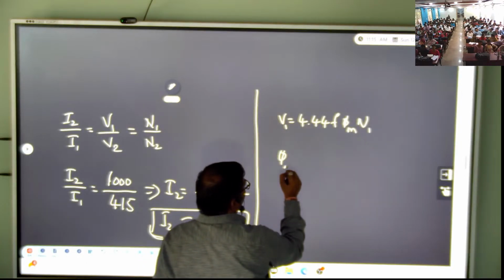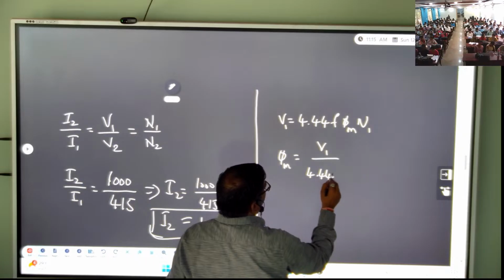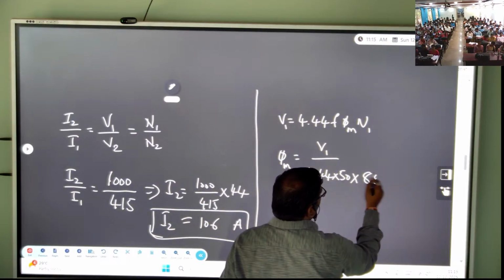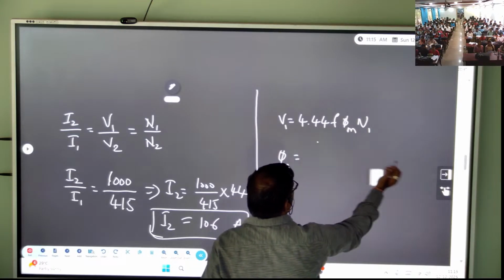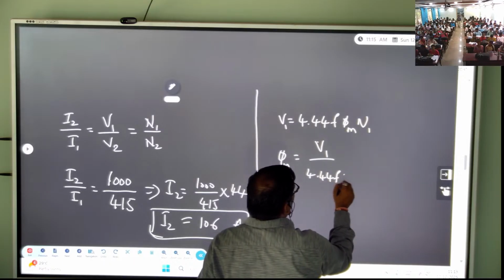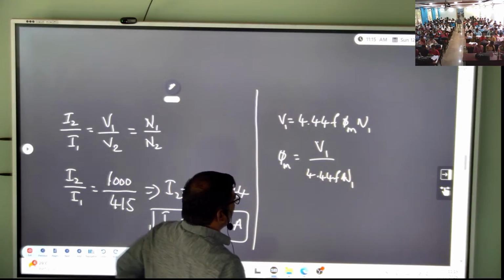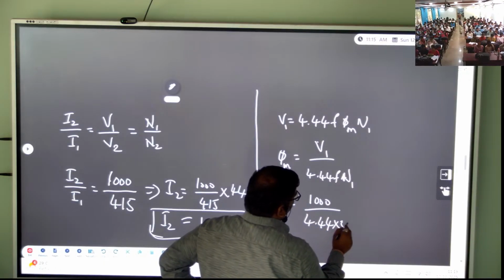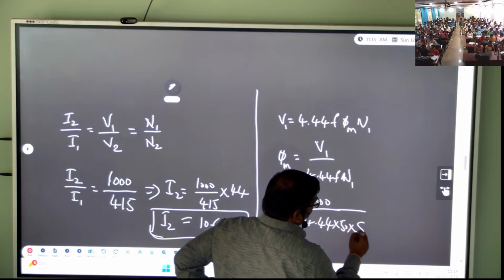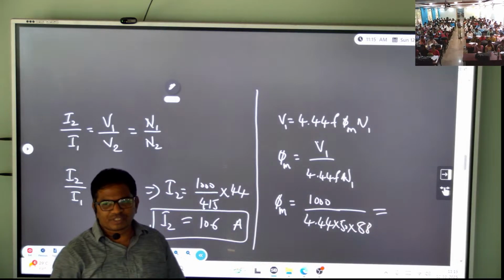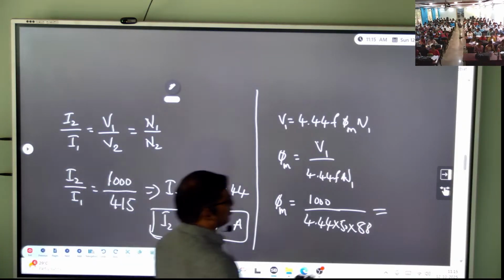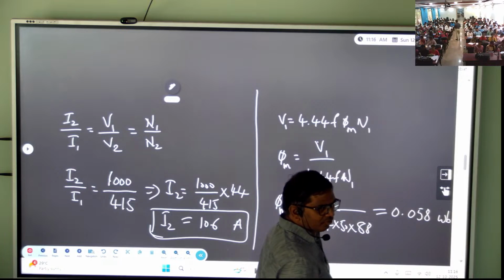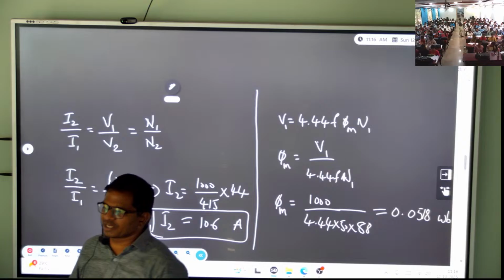So phi m is equal to V1 by 4.44 F N1. F is 50, N1 is 88, V1 is 1000. So phi m is equal to 1000 by 4.44 into 50 into 88. How much is phi m now? 0.0518 Webers.